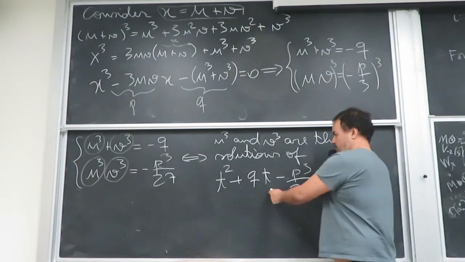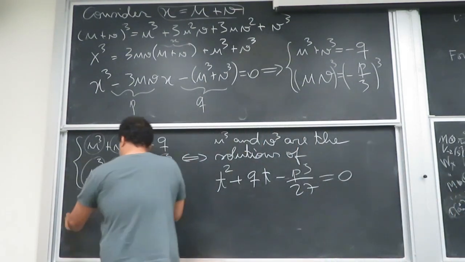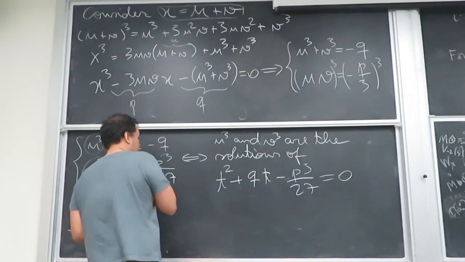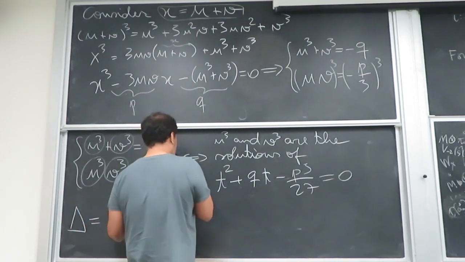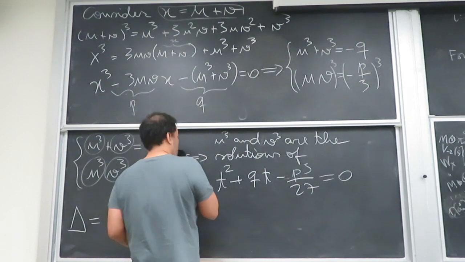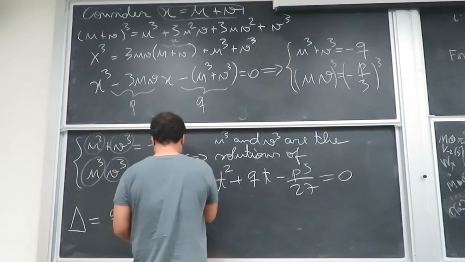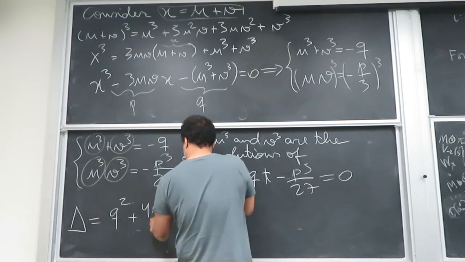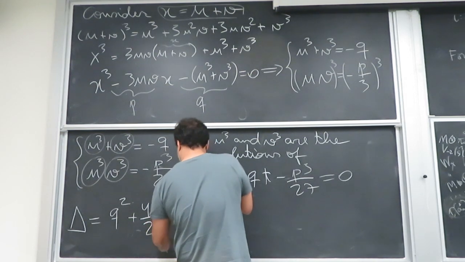But the discriminant here is q squared minus 4 times this, so it's q squared plus 4p cubed over 27.